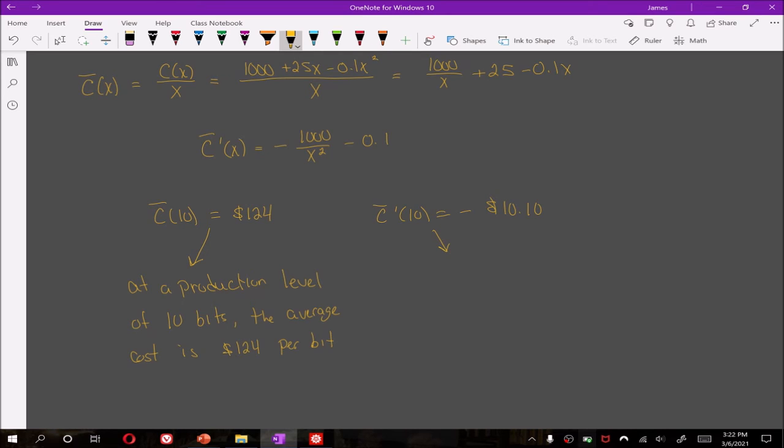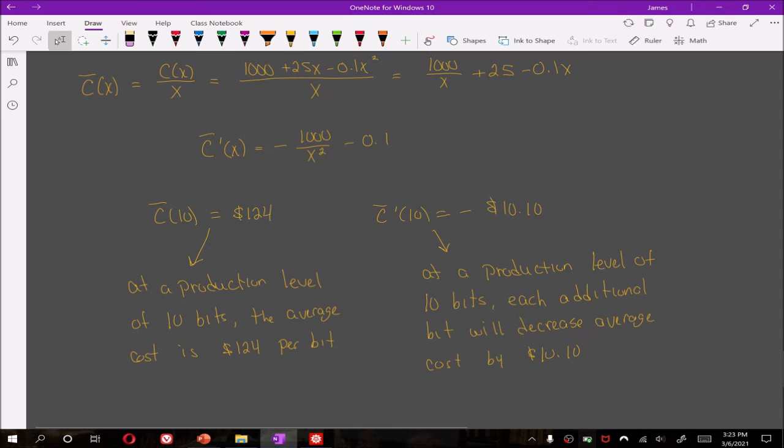The C bar prime of 10. Right, so this says at a production level of 10 bits, each additional bit will decrease the average cost by $10.10.